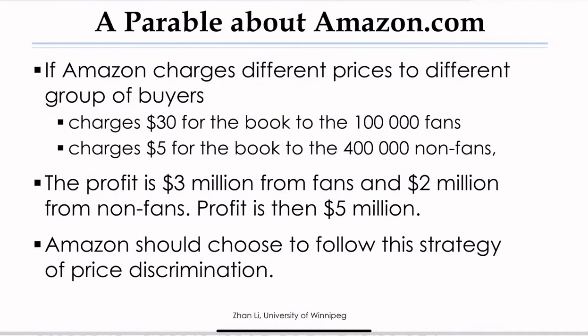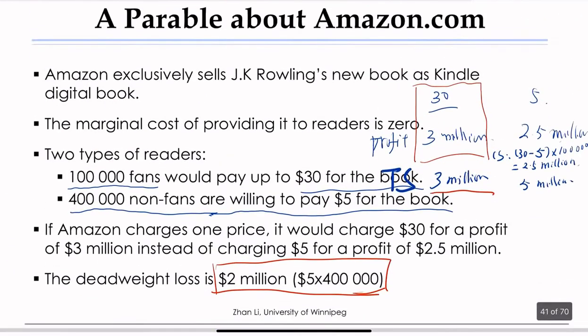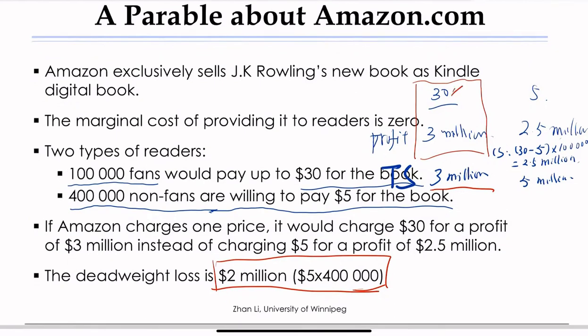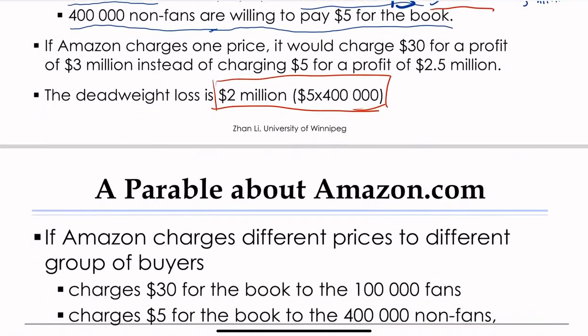Now let's say Amazon can charge different prices to different types of customers. Initially, Amazon can only charge either 30 or 5. It cannot do both, right? So now we assume Amazon can actually do both.